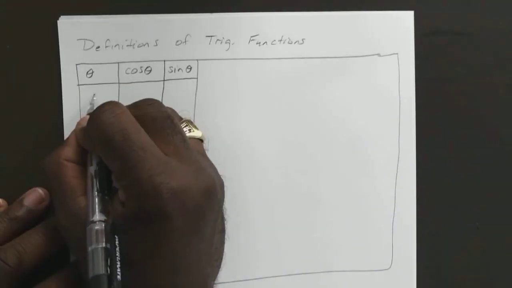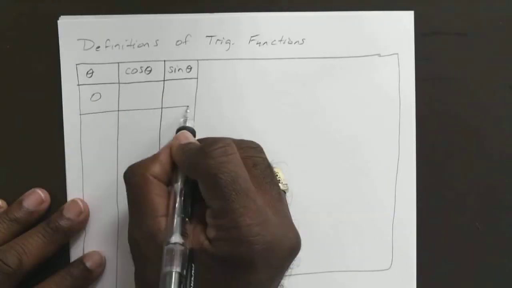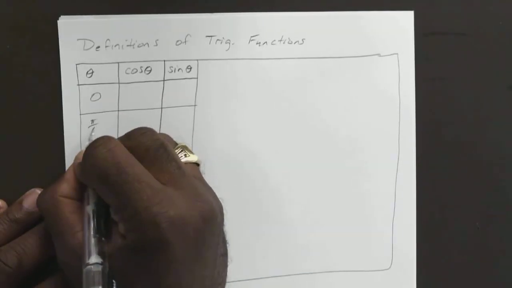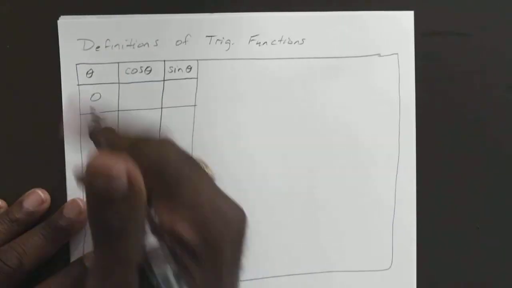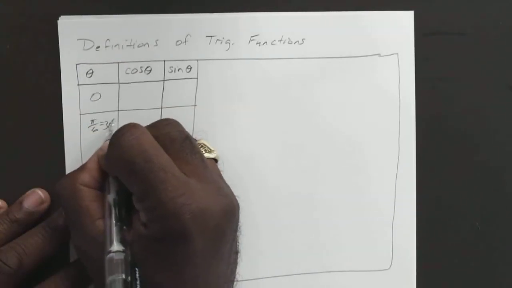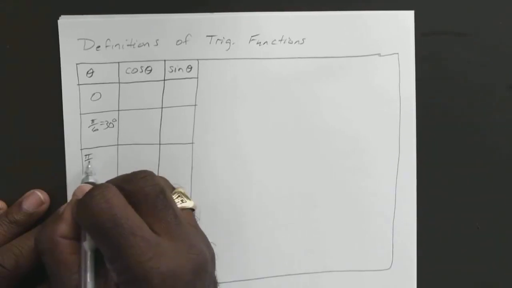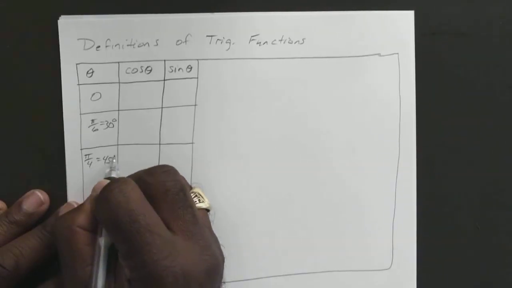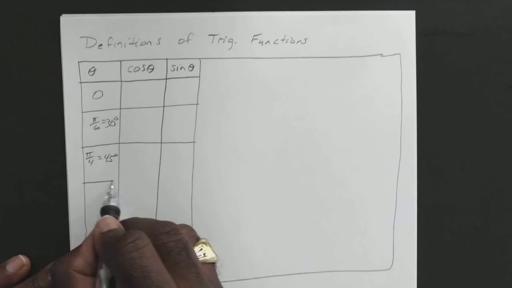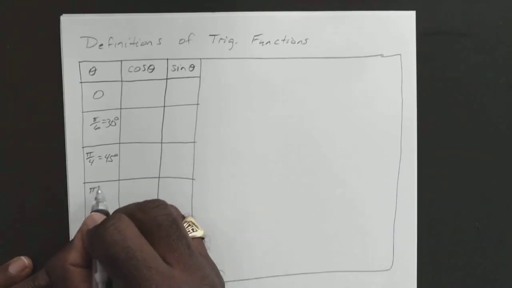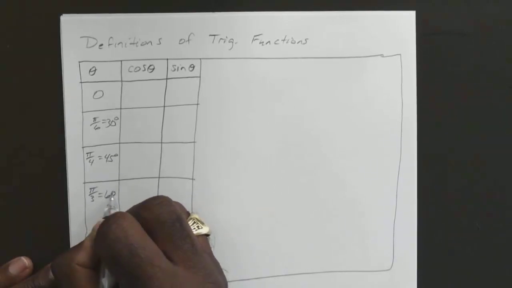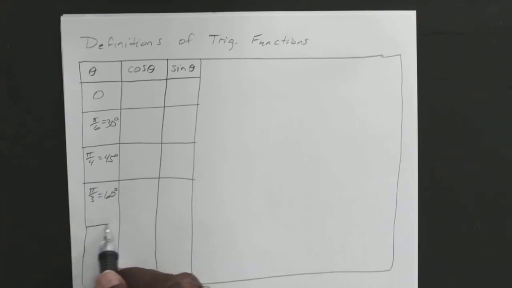Okay, so we have our 0, pi over 6, which is 30 degrees, pi over 4, which is 45 degrees, pi over 3, which is 60 degrees, and pi over 2, which is our 90 degrees.